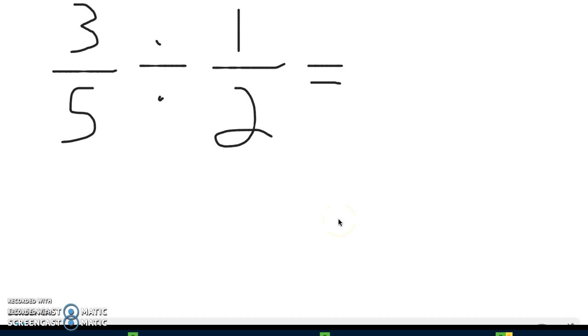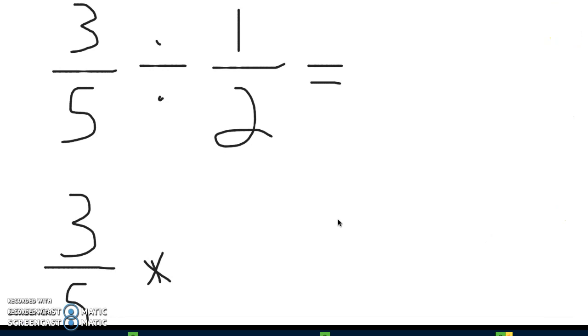If we want to divide 3/5 by 1/2, we have to remember, quick words. The words are keep, change, flip. What that means is we keep the first fraction the same, so that one will stay 3/5. The change means we need to change this division symbol to a multiplication symbol.